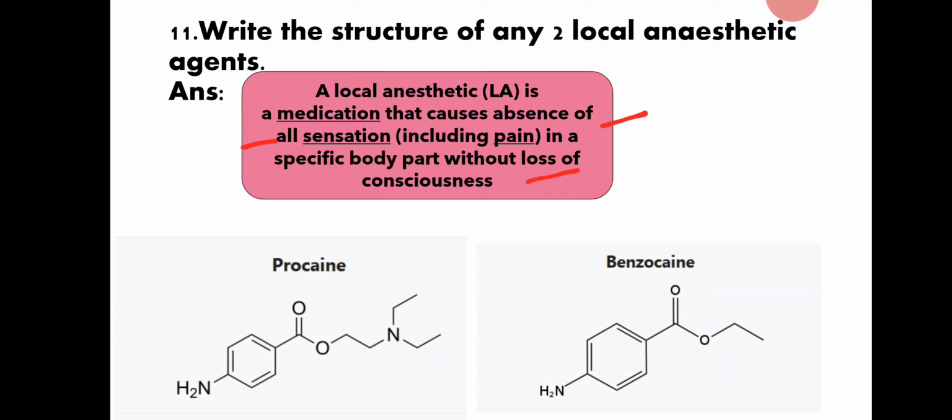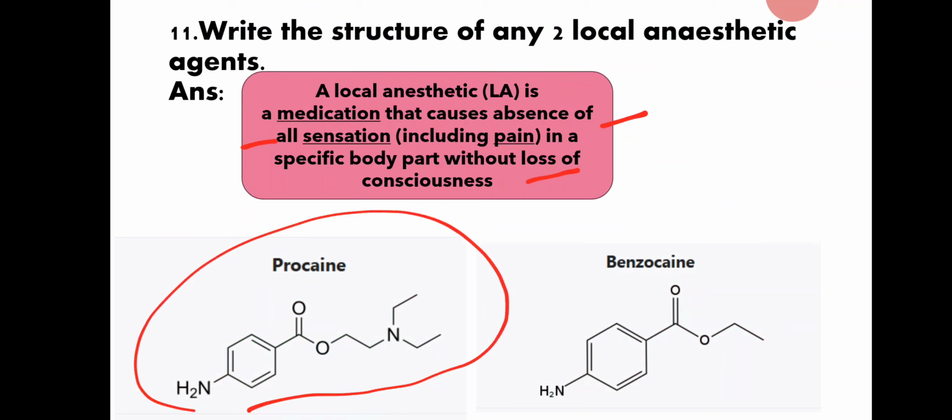Our consciousness is the same, but they block the neurons and numb the pain site. This is the major difference between general and local anesthesia. General anesthesia makes the patient unconscious, but here there is no loss of consciousness.